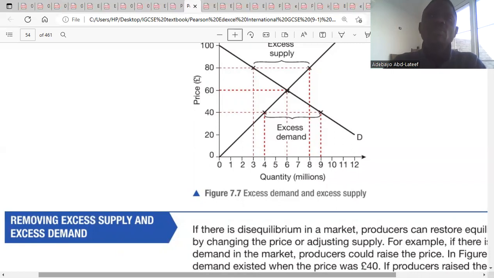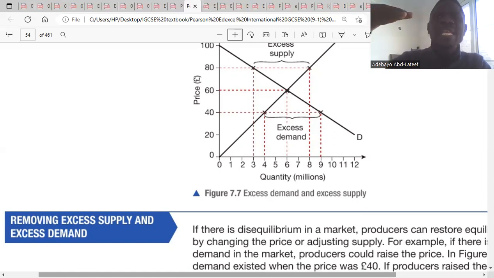Producers will be able to remove disequilibrium in two ways: either change the price to suit the market situation, or adjust the supply. So if the price is falling, they change it to become higher. That will adjust it to equilibrium.